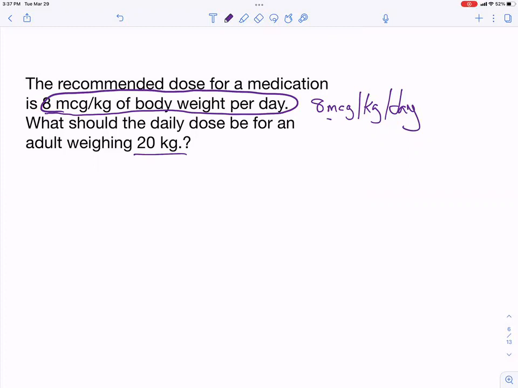So I need a dose, and the only dose in my problem is micrograms. And it's saying daily, every day. Daily is day. So I start my 3-factor because it has 3 elements, 8 micrograms per kilogram per day.